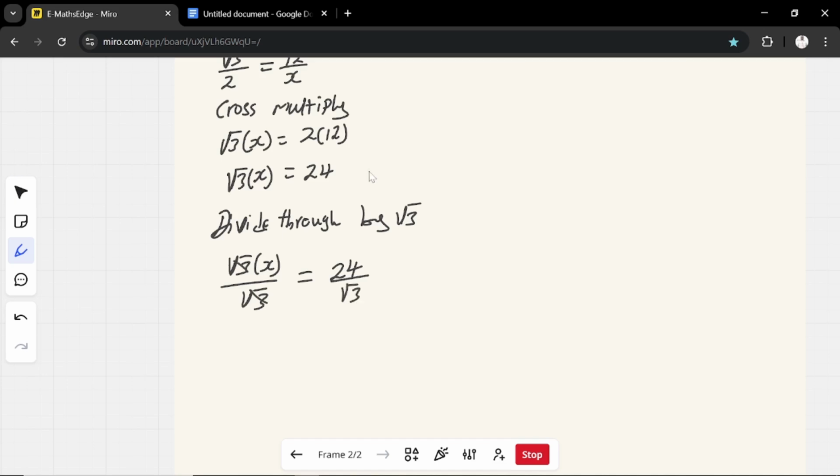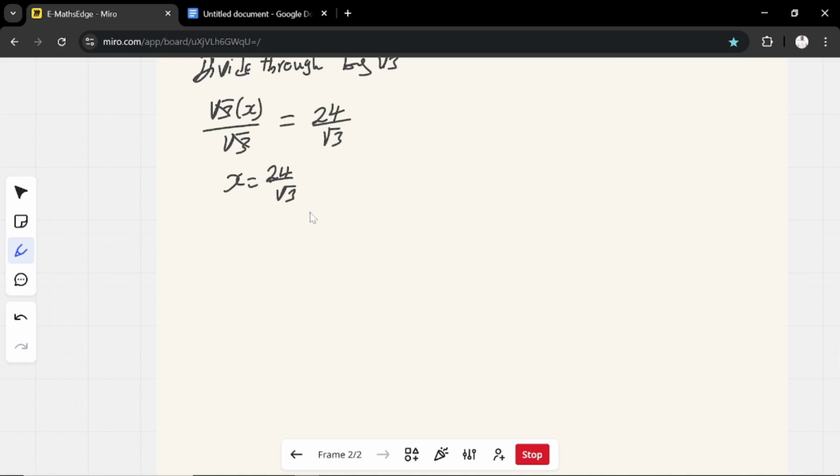So root 3 will go with root 3, and we will be left with x, which we are looking for, equal to 24 over the root of 3. So x is given as 24 over the root of 3.